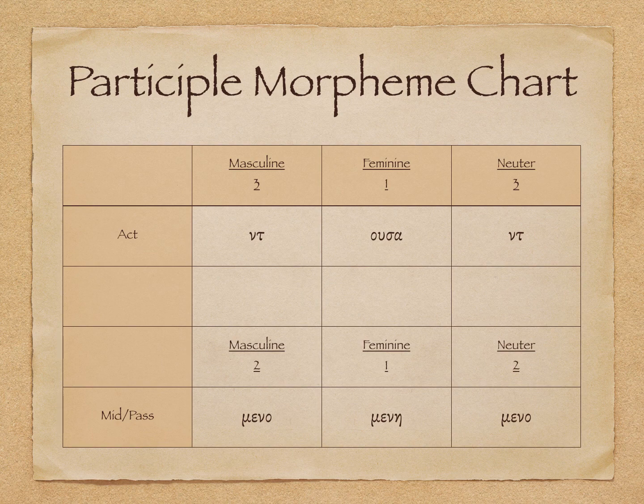For the present tense or continuous participle, use second declension in the masculine neuter middle and passive, and feminine first in both. So this morpheme is a hook, if you will, to help you to know what tense form you are in.